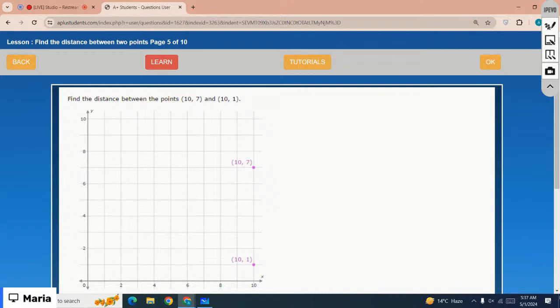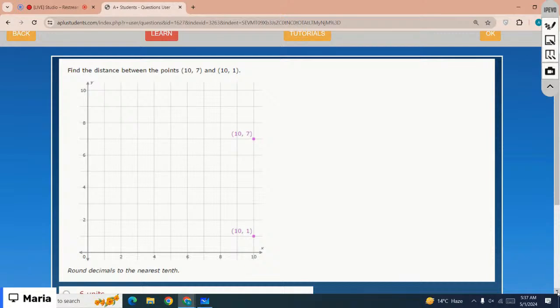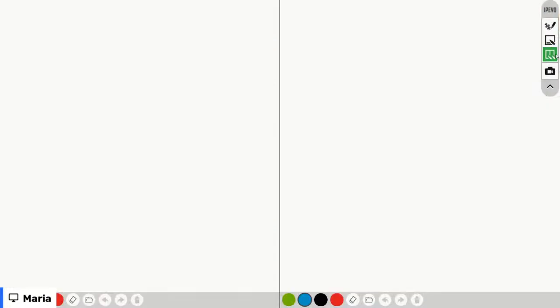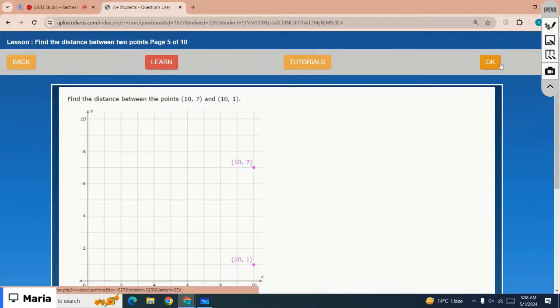Find the distance between the points 10, 7 and 10, 1. Yes, that is 6 units. The correct option is 6 units.